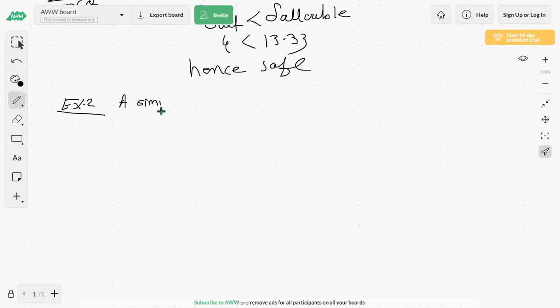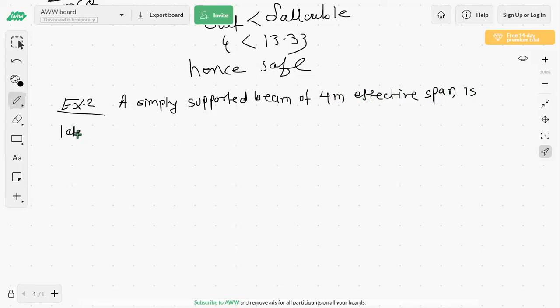A simply supported beam of 4 meter effective span is laterally supported, full stop.